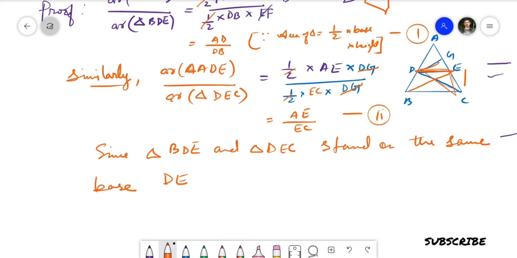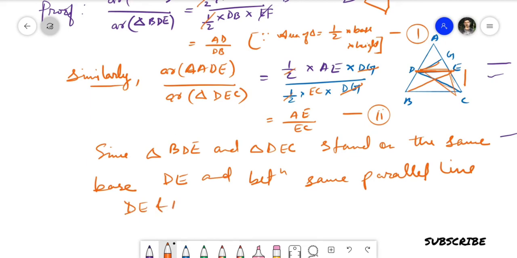Same base, as we can see, this one. Now same base, and these are between same parallel lines. If you see, these are the same parallel lines, which is DE and BC.